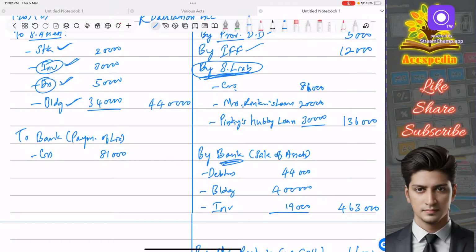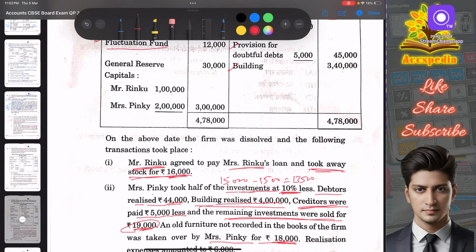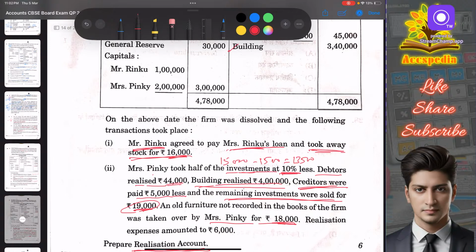What about Mrs. Rinky's loan and Pinky's husband loan? Mrs. Rinky's loan, Rinky took over, so that is liability taken over, next entry. Then what about the information of Pinky's husband loan? You see, there is no information regarding that third party liability. I just told you, if there is no information regarding any third party liability, that has to be assumed as paid in full.